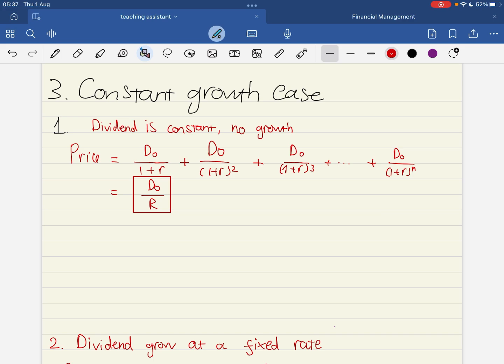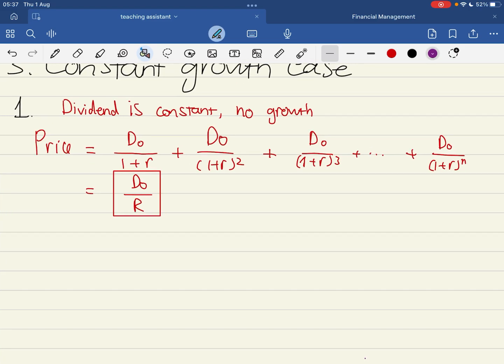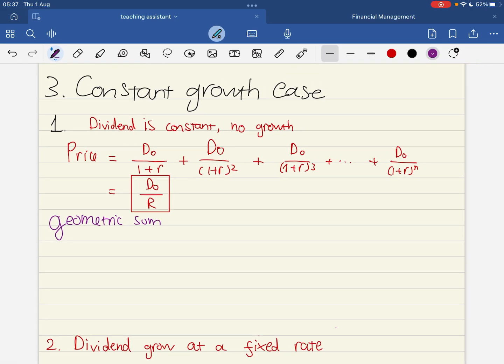People may ask, how does such a long calculation become so short? To explain this, I would like to introduce you to a calculus concept called the geometric sum, from calculus class, of course.